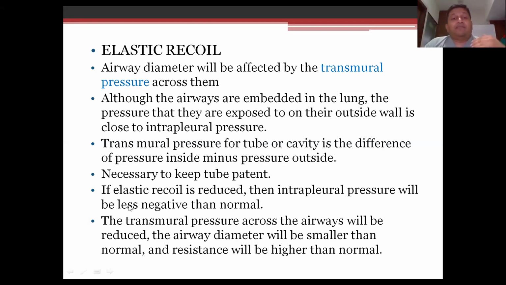If by any disease, two things can happen: the elastic recoil of the lung can decrease, or your tube, the airway, gets constricted. Both these diseases will decrease the difference between these pressures. They will decrease your transmural pressure. So from normal +5, +8, if it becomes +2, +3, what will happen? Your airway will become compressible.